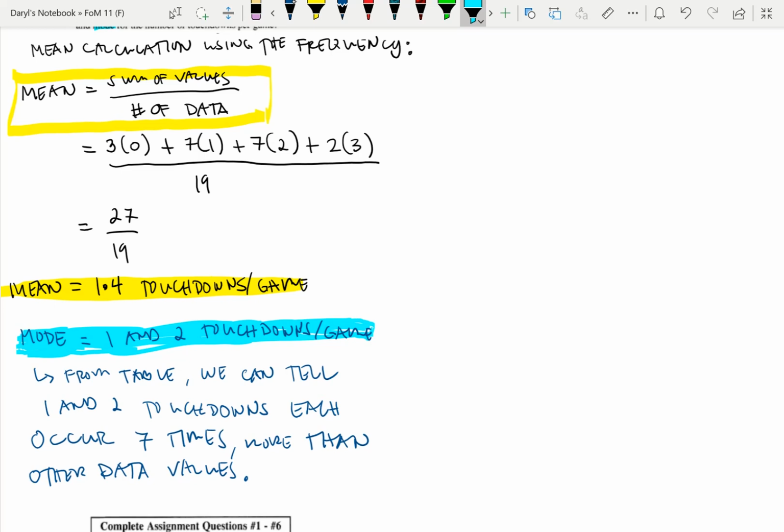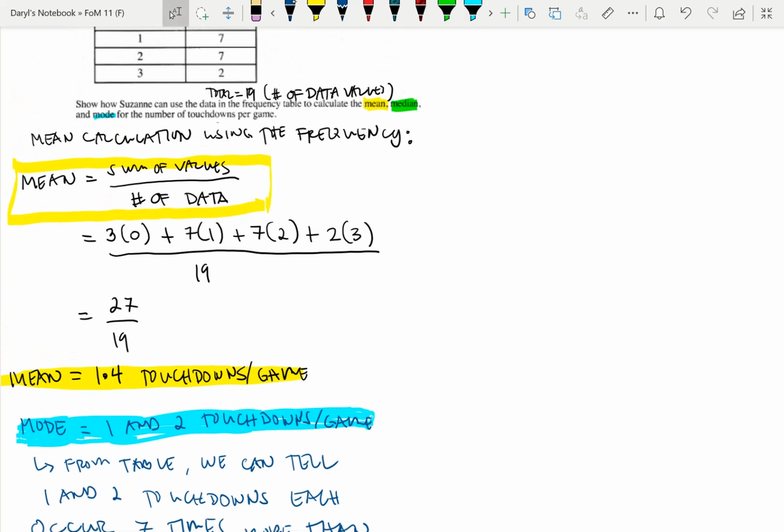Okay, so how about the median? So how would we get the median?